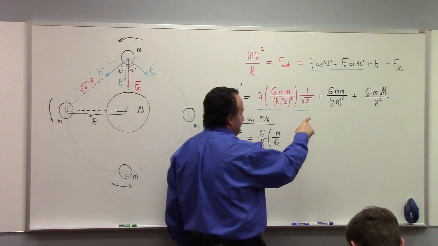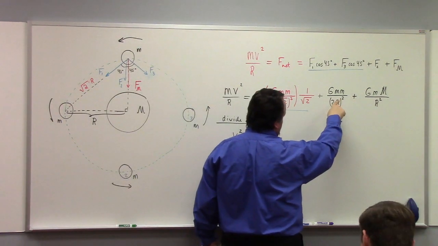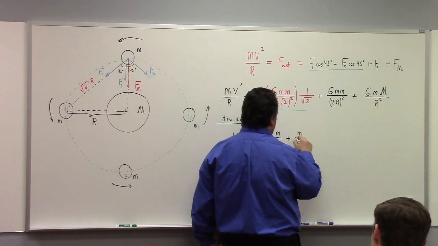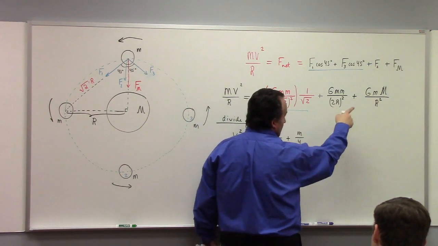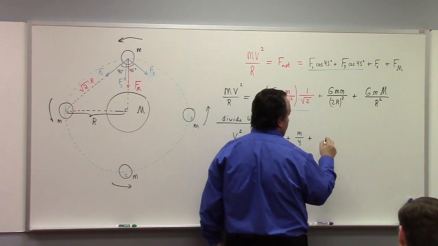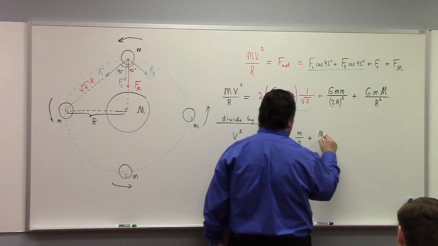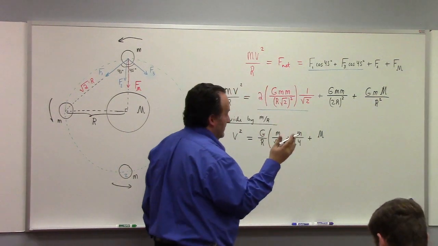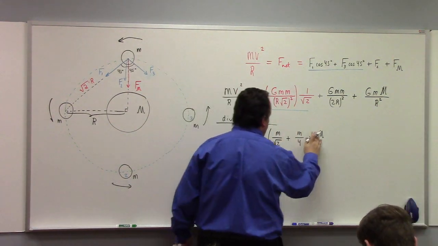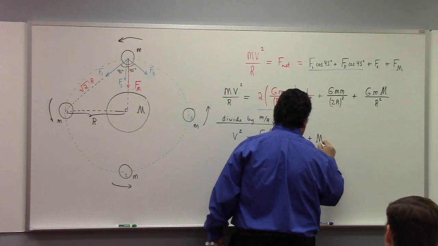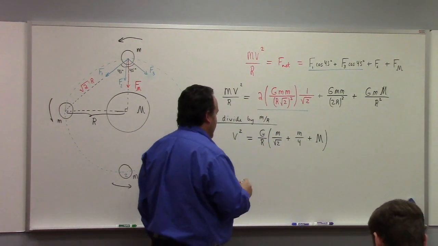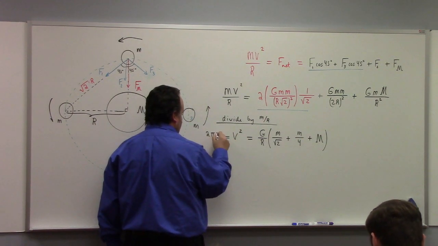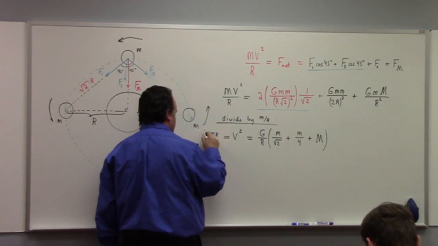And let's see here. Then what? Plus m over 4. Thank you. And that one is plus big M, just plus big M, right? Now what is v? Remember v is 2 pi r over T. You square that.